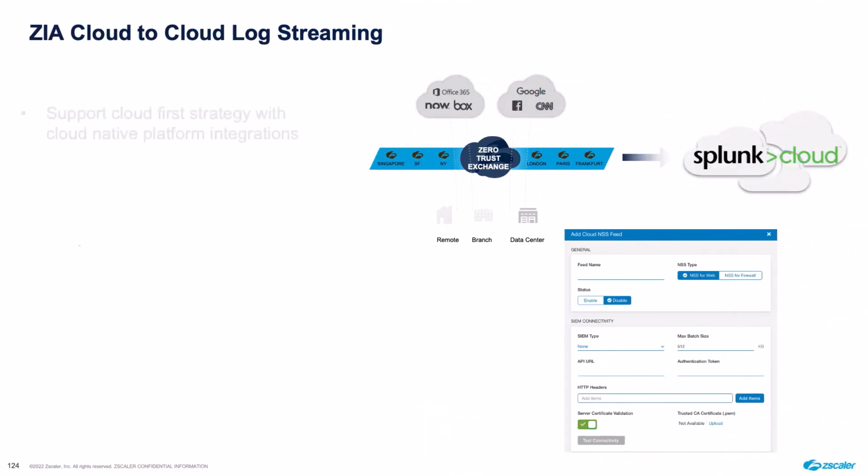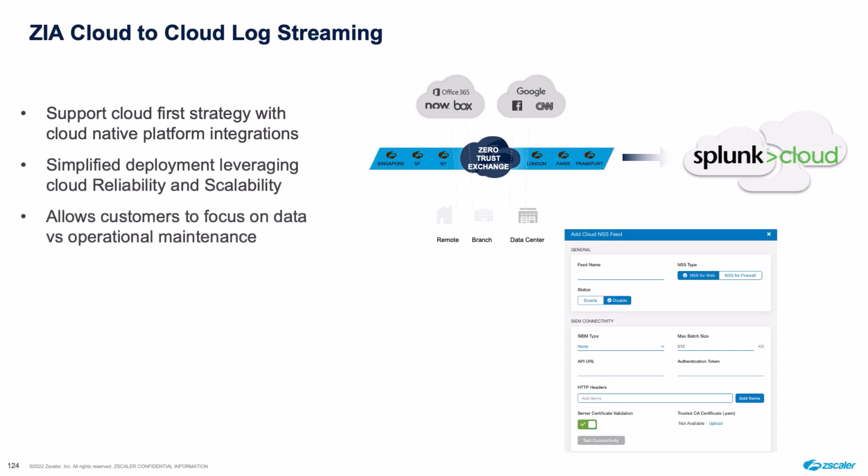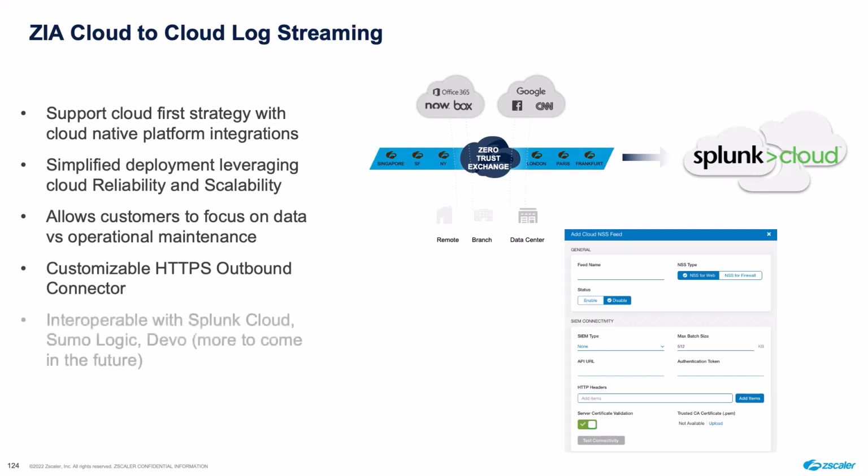We also support cloud-to-cloud log streaming. So where you might have a cloud-native SIEM solution, for example, Splunk Cloud, we can make a decision to stream the logs natively from our cloud directly into the Splunk Cloud. So it's a customizable HTTPS outbound connector, interoperable with Splunk Cloud, Sumo Logic, Devo, and more to come in the future.